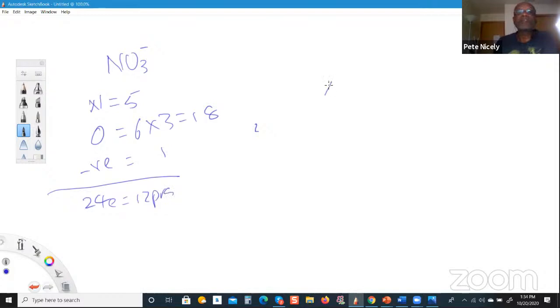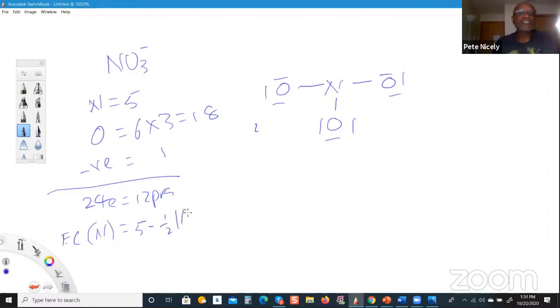We put the nitrogen in the middle, surrounded with the oxygens. Then we put the bonding pairs, 1, 2, 3, 4, 5, 6, 7, 8, 9, 10, 11, 12. Then we calculate the formal charge for the nitrogen. That would be equal to the group number, which is 5, minus half of 6, minus 0. So this gives you 5 minus 3, which gives you plus 2.